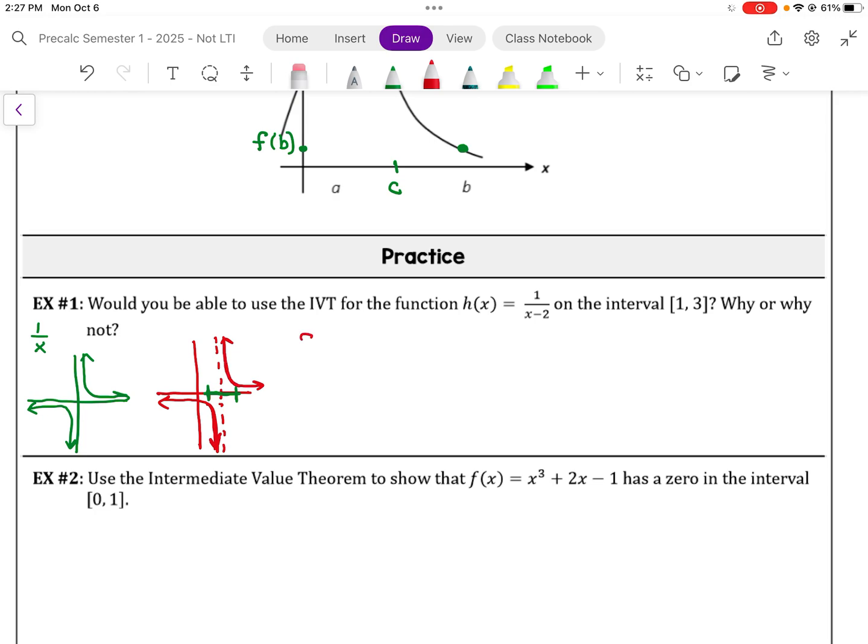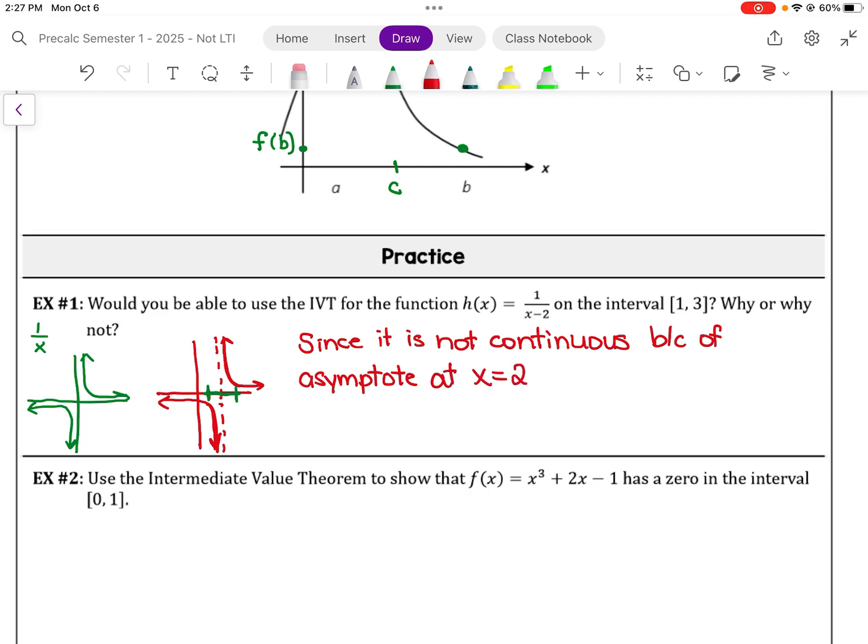So since it is not continuous because of the asymptote at x equals 2, we cannot use IVT.